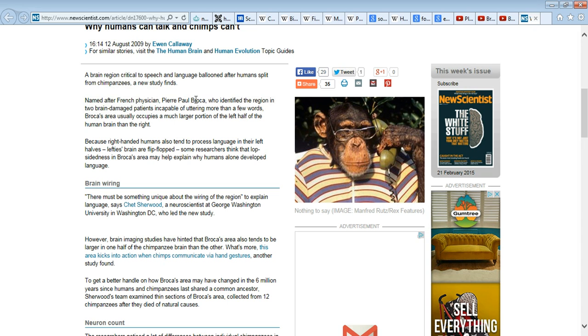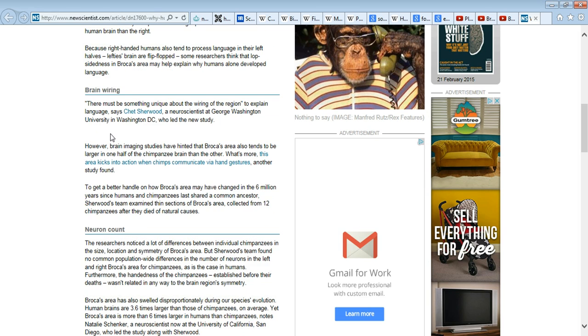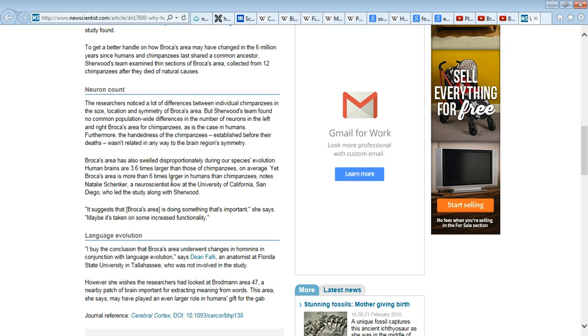The man who found this area of the brain that is massive in humans but not massive in chimps is Broca, right? There must be something unique about the wiring of the region to explain language, says Sherwood, a neurologist. So it was Broca who discovered this area of the brain that is very large in a human's brain but not very large in a chimp's brain.